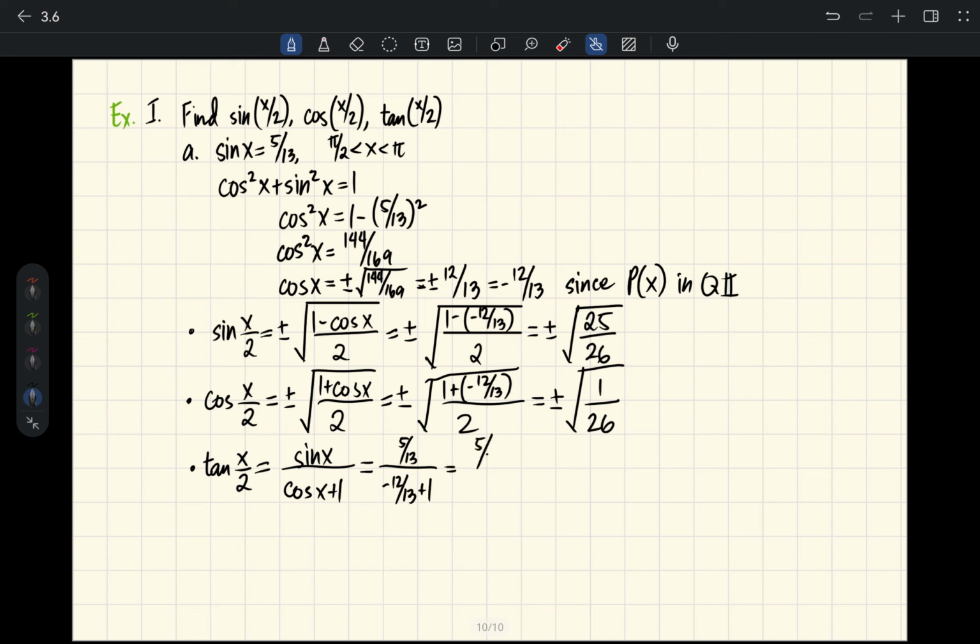So that's just 5 over 13 all over this one we have just computed to be 1 over 13, which upon further simplification, you have 5 over 13 times the reciprocal of this one, which is 13, you have 5.